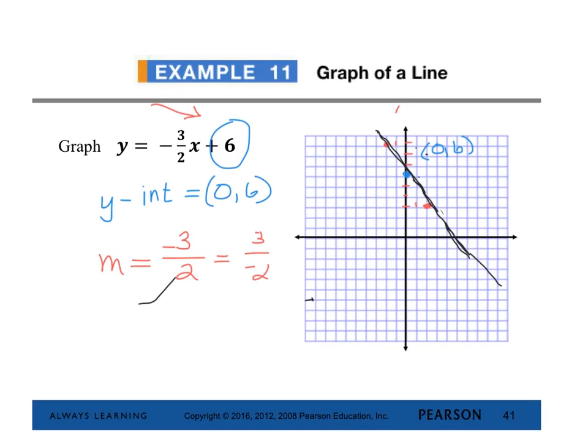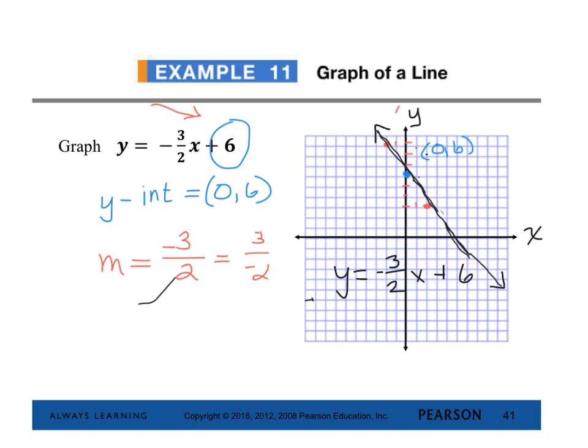And so this graph is the graph of the line y equals -3/2 x plus 6. You always want to put your equation on your graph. This is the x-axis, and this is the y-axis.